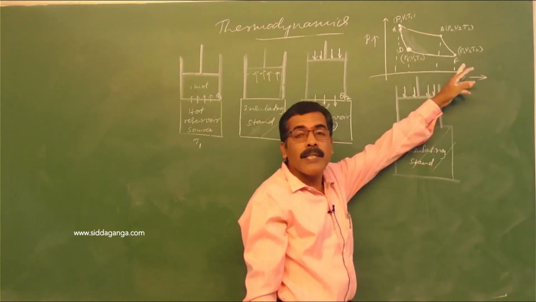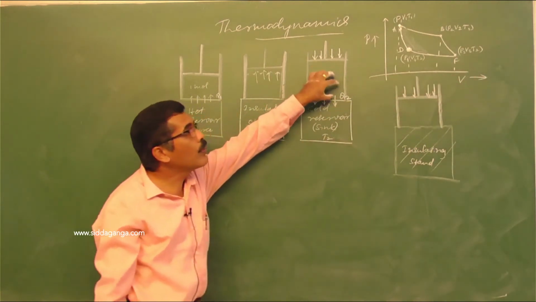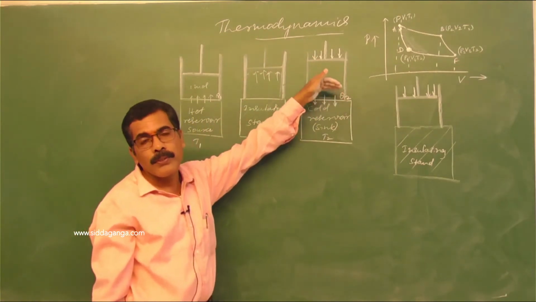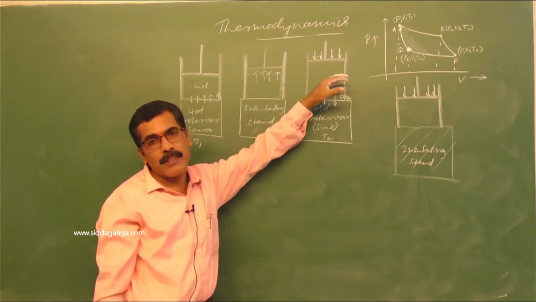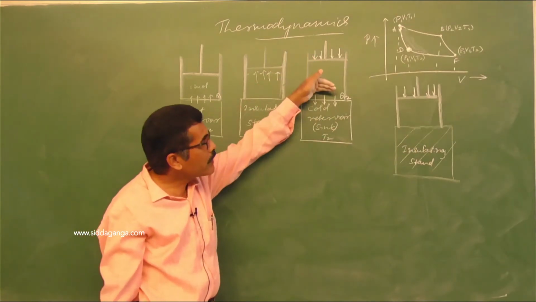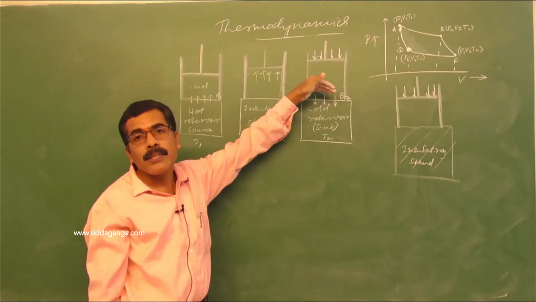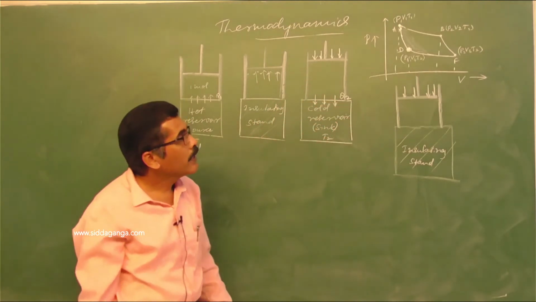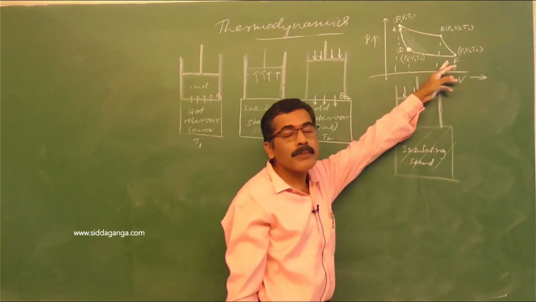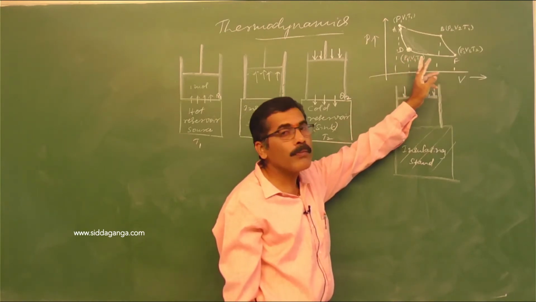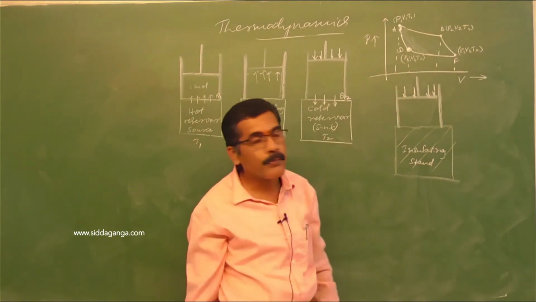In the next stage, keep this cylinder on the cold reservoir. Now, compress the gas. Since the gas temperature and sink temperature are the same, there is no heat exchange. When you compress the gas, a certain quantity of heat Q2 is rejected to the sink. This is isothermal compression. There is a change in pressure and volume, but the temperature remains at T2.